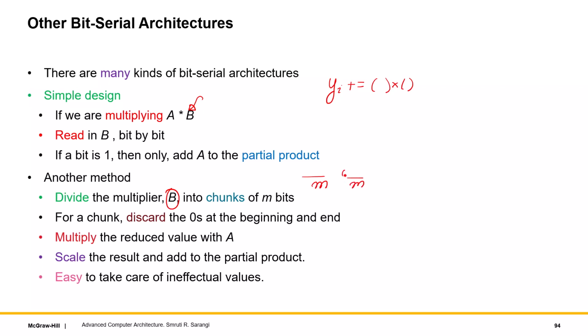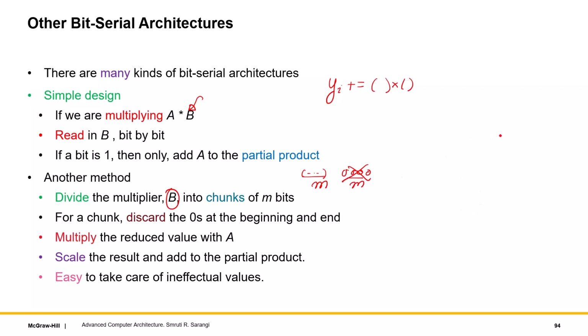If all of them are 0, then I can discard this entire chunk. Otherwise, if one of these bits is 1, I can compute a partial multiplication, in the sense I can multiply this with A using my 1D convolution method, the same hardware architecture, and I can do as many multiplications as required and add the partial products to compute the final product.